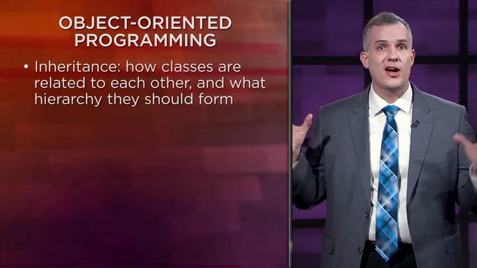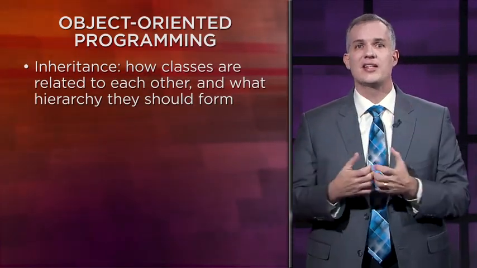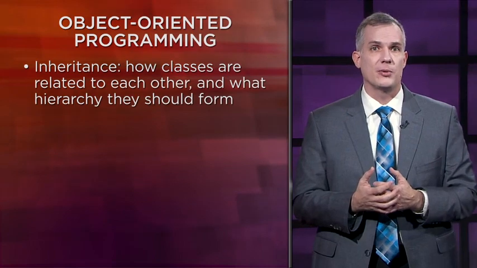At this point, we've now seen the key features of object-oriented programming. We can approach problems by defining classes that exhibit encapsulation, inheritance, and polymorphism. We can think first in terms of inheritance, how classes are related to each other and what hierarchy they should form.